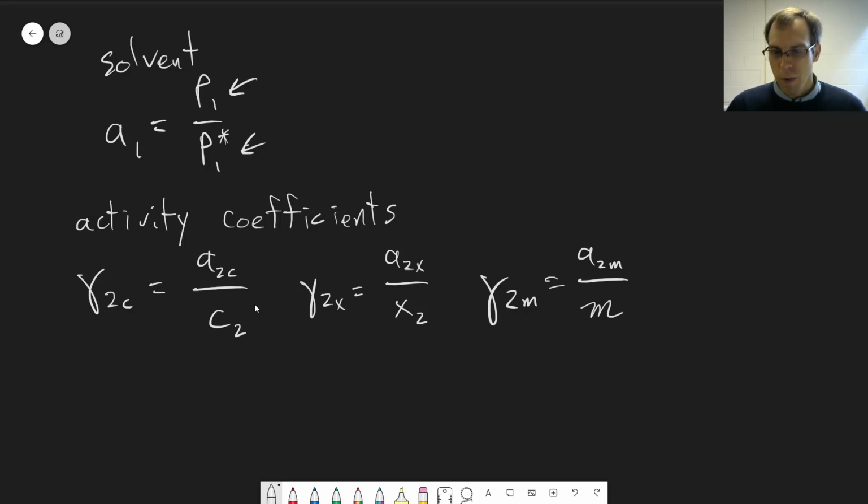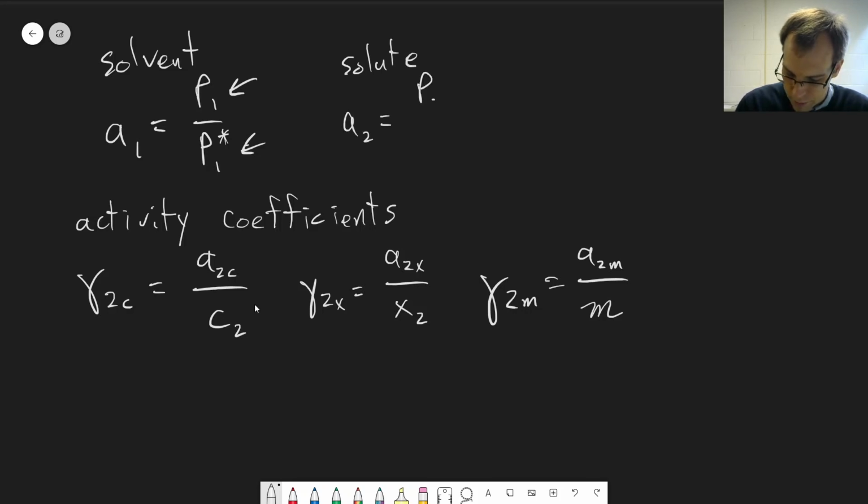If we want to do this for the solute, as a reminder, the activity is equal to P2, instead of over P2 star, it's over KH2. And we need to be able to measure the vapor pressure of our solute in the solution.